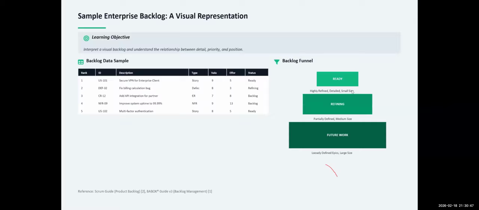The one that is still undergoing refining is medium size rather, and there's still a whole lot of questions around it that need to be understood. Future works, loosely defined epics, large size. That is backlog, right? Okay.